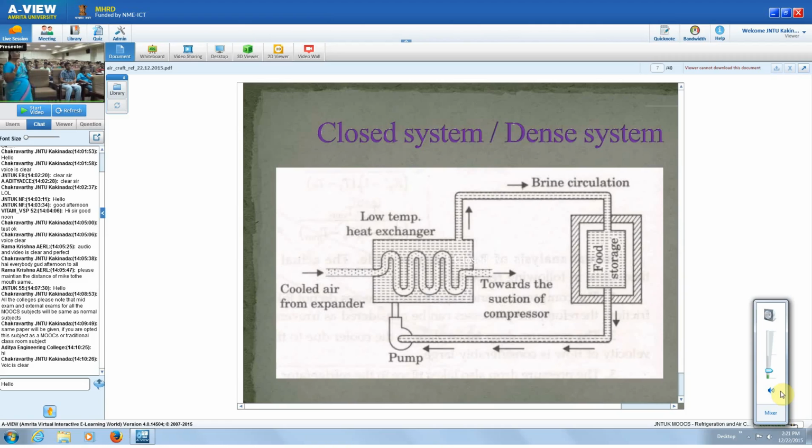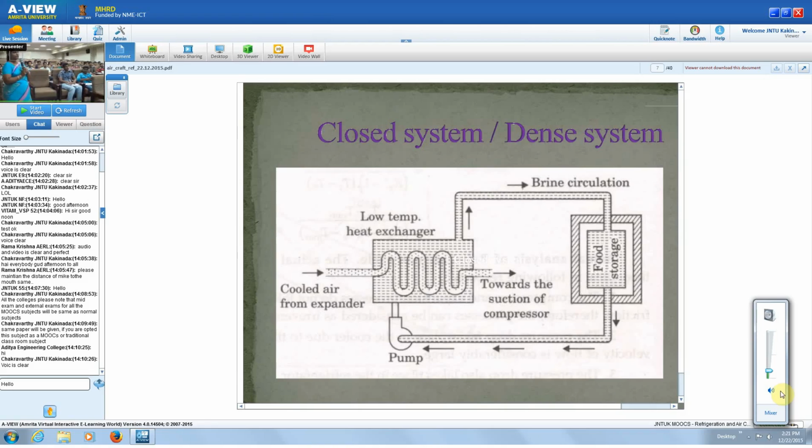That brine solution is confined only to this circuit, the heat exchanger and the evaporator, whereas air is confined only to the compressor, condenser and expander. So air does not come directly into the refrigerator or the evaporator.